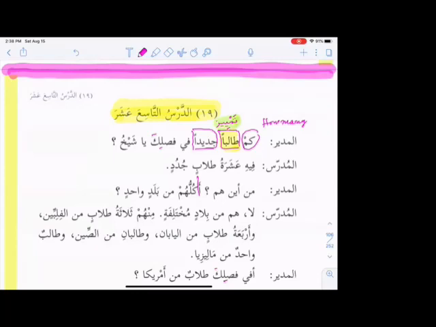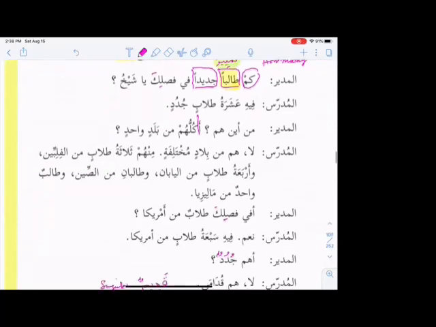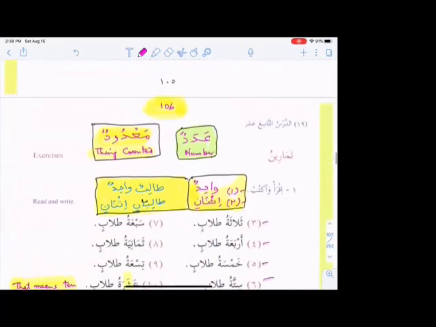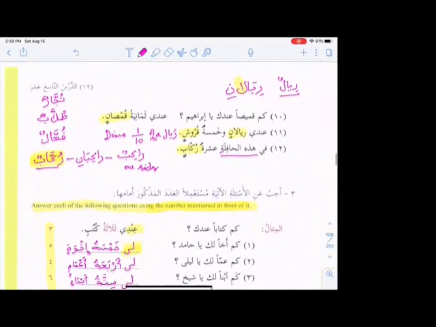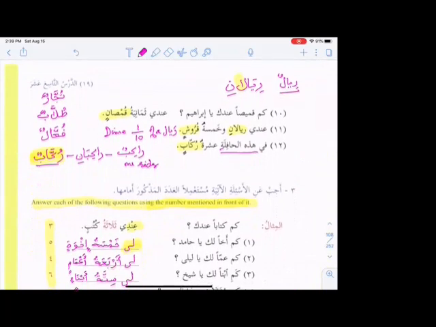So we did lesson number 19. In that we counted. But here are the things, because the Arabic language is very peculiar about feminine and masculine. Everything, the whole universe, is feminine and masculine.